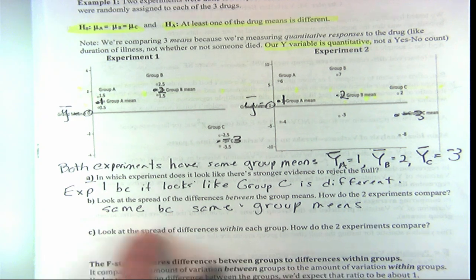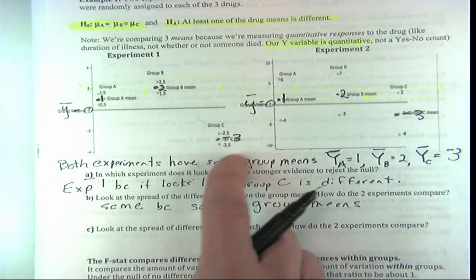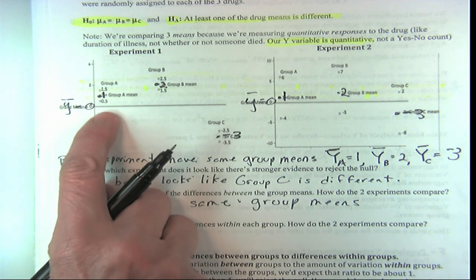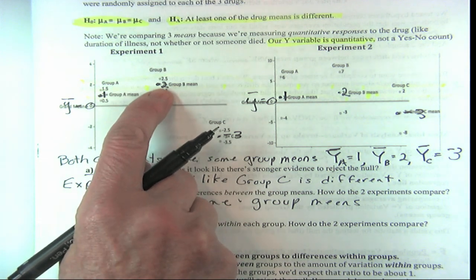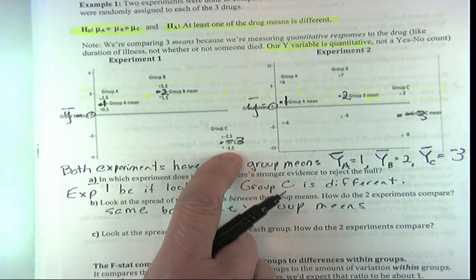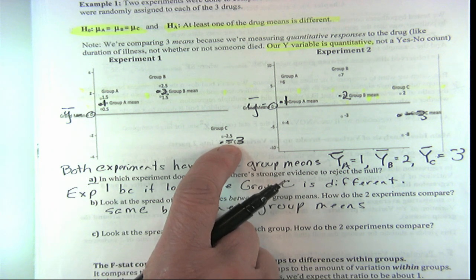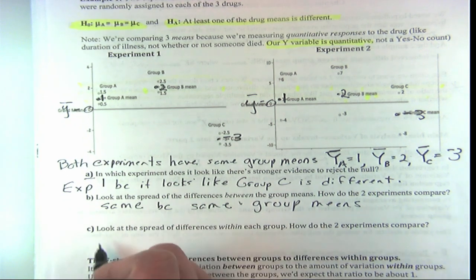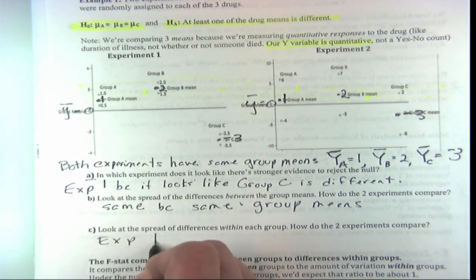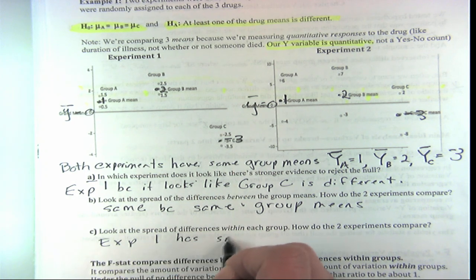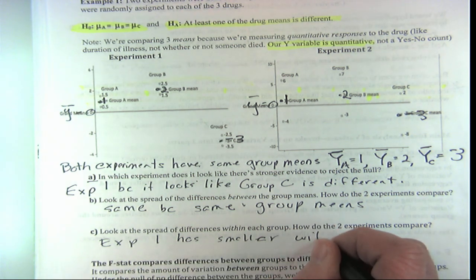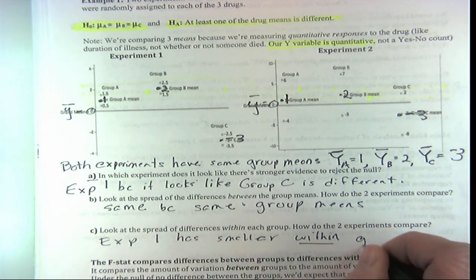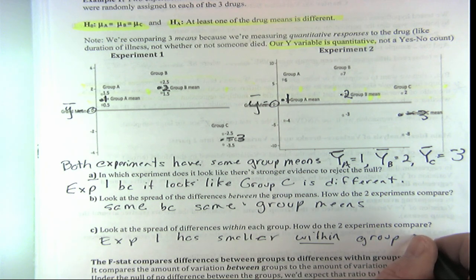But the difference is that they're much less spread out here. Imagine if everybody in group A got a 1, and everybody in group B got a 2, and everybody in group C got a -3. Then you'd know they were really different, right? So experiment 1 has smaller within-group spread.